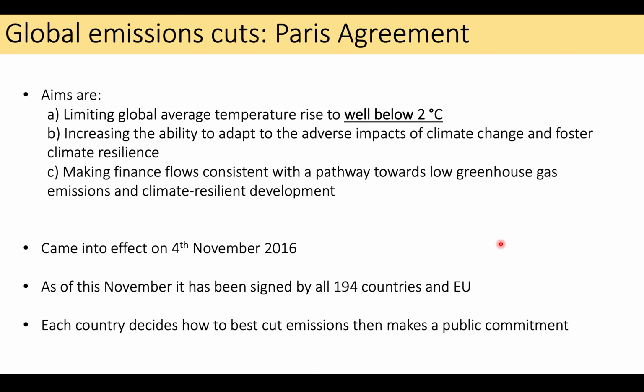So this is awesome. Climate scientists all over the place were really, really excited to see this global commitment, this global agreement to not only recognize the problem, but try to come up with solutions that work for everyone, that work for all of these countries.